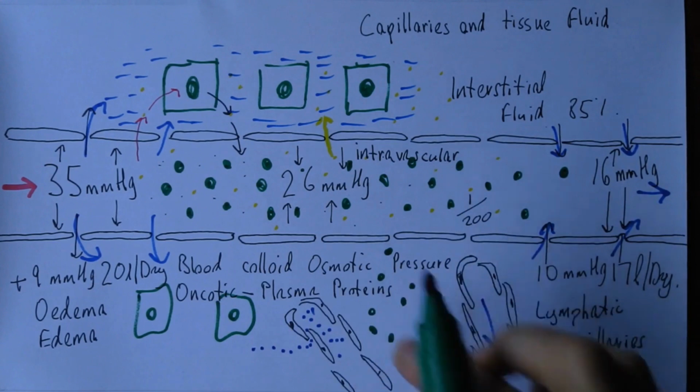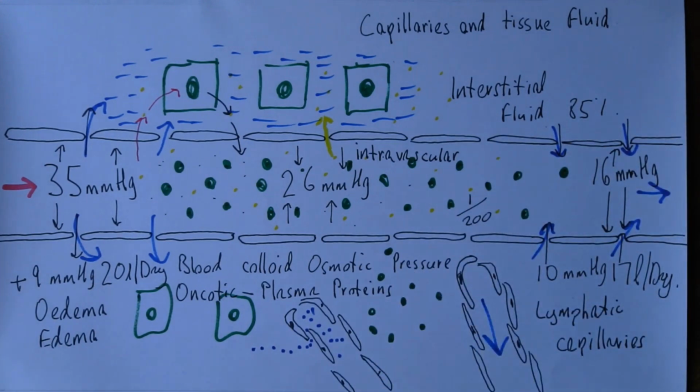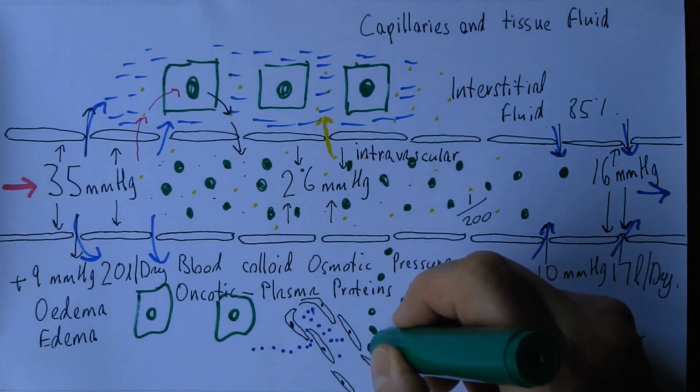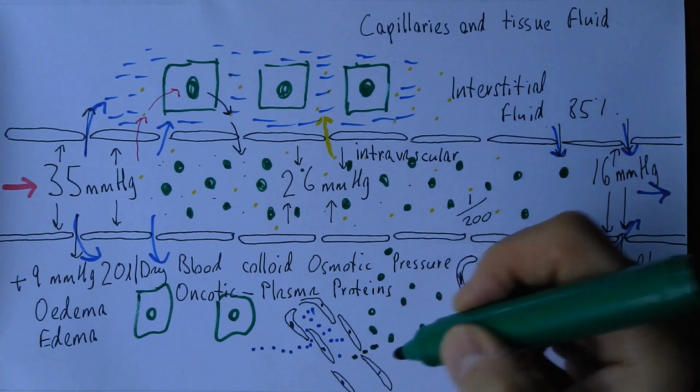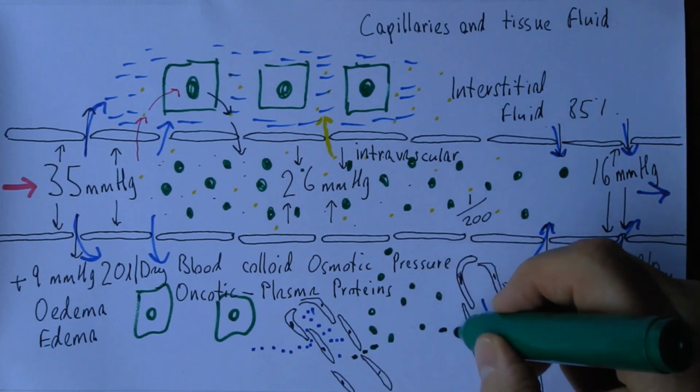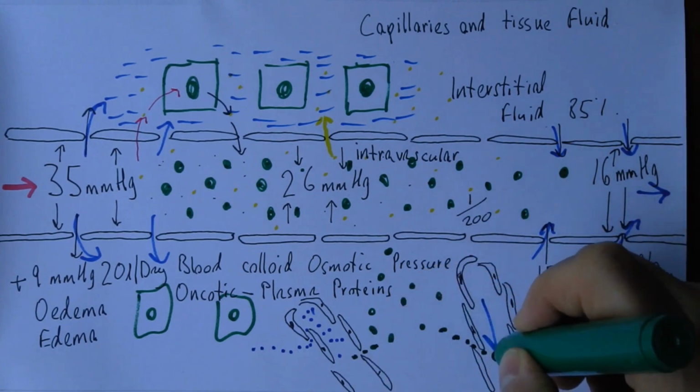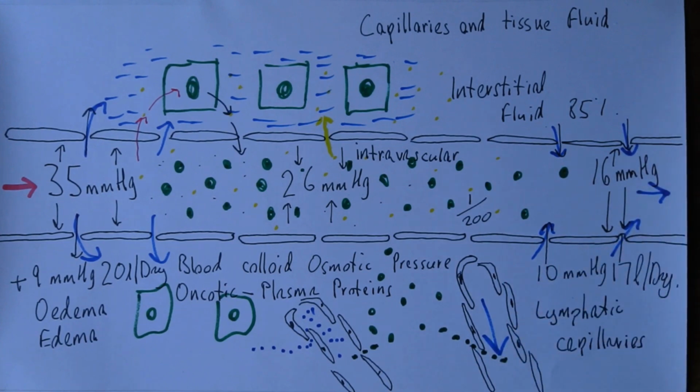That would attract water and the tissues would be edematous, which would be bad. So again, these cells flop open to let the plasma proteins that have escaped in, and these are returned to the blood via the entire lymphatic system, which there is a separate series of videos on if you want to watch it.